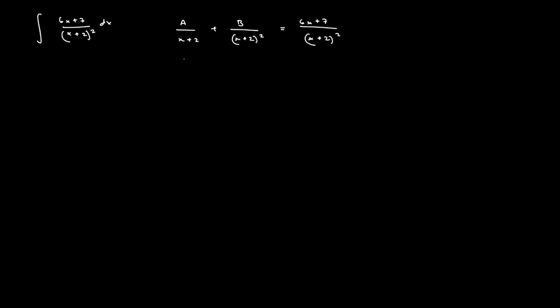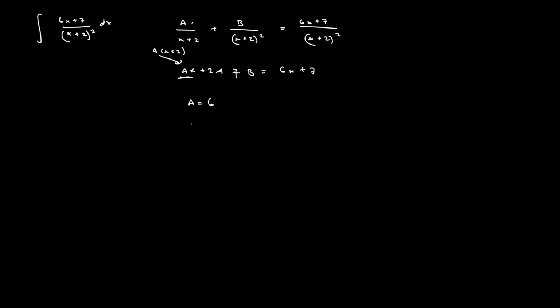Therefore, we have a times x plus 2a, because I'm multiplying a by x plus 2. So a times x plus 2 is ax plus 2a, plus b is equal to 6x plus 7. A is the only one with an x term, so we can easily find out that a is equal to 6.